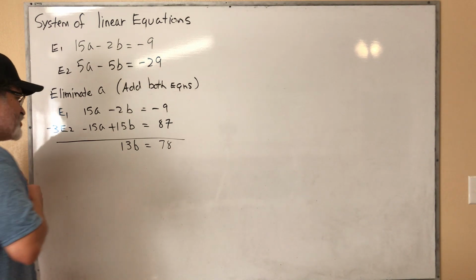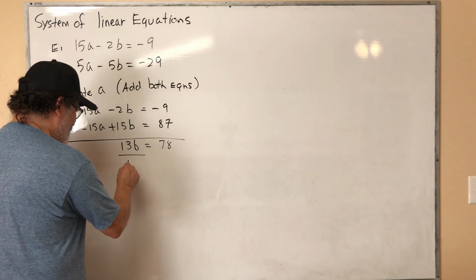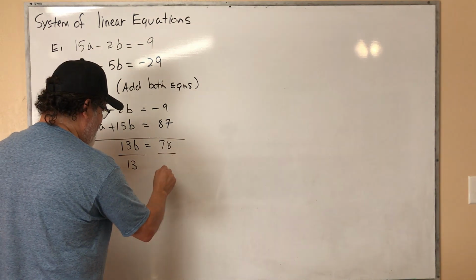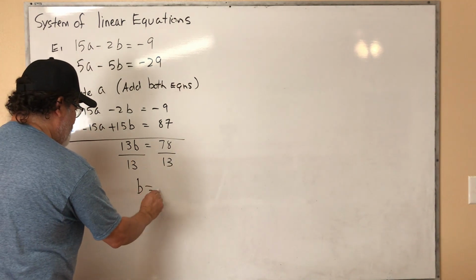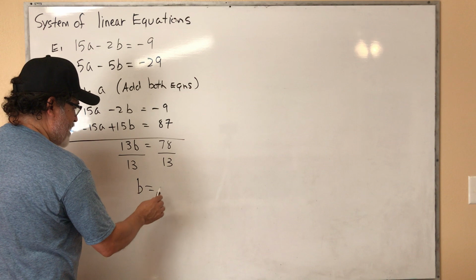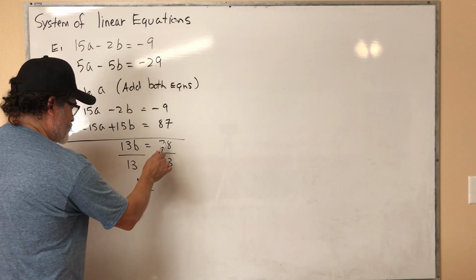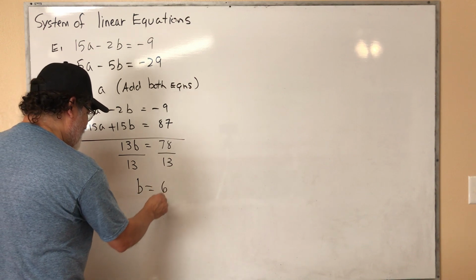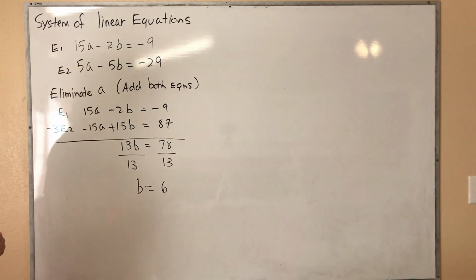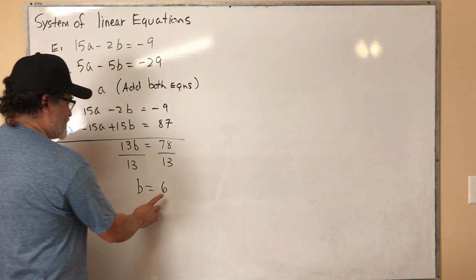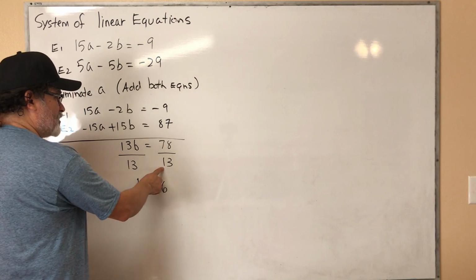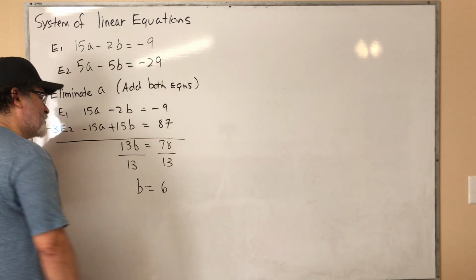Divide both sides by 13. The 13's cancel. And b is equal to what? How many times does 13 go into 78? Is it 6 times? 6 times 3 is 18, takes 1, and 6 times 1 is 6, plus 1 is 7. That's right.